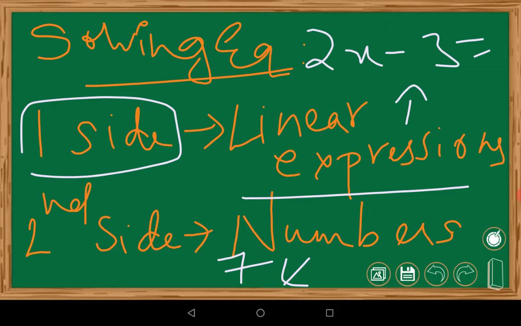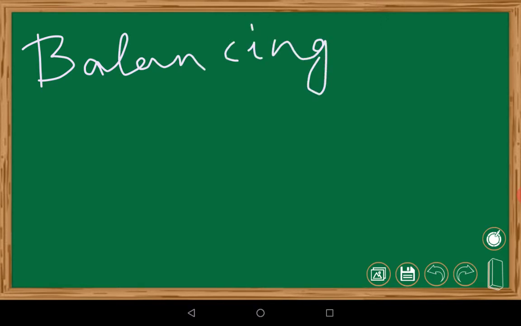According to this method, there are some methods to try. First method is balancing. So we have to balance both sides and we should not disturb the equation. This is one of the methods, but I'll teach you one more method also. For the first exercise we are supposed to do in this method only.